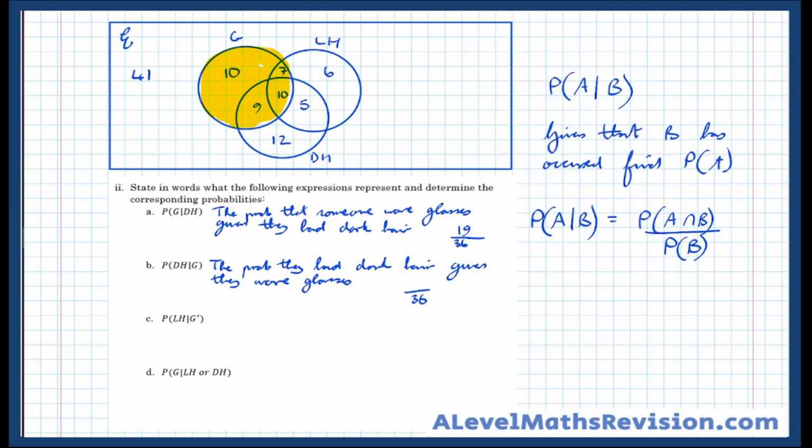And the probability that I had dark hair, well, dark hair is here. So it's 19 out of 36 again. Right, now the probability that they were left-handed, given that they didn't wear glasses.